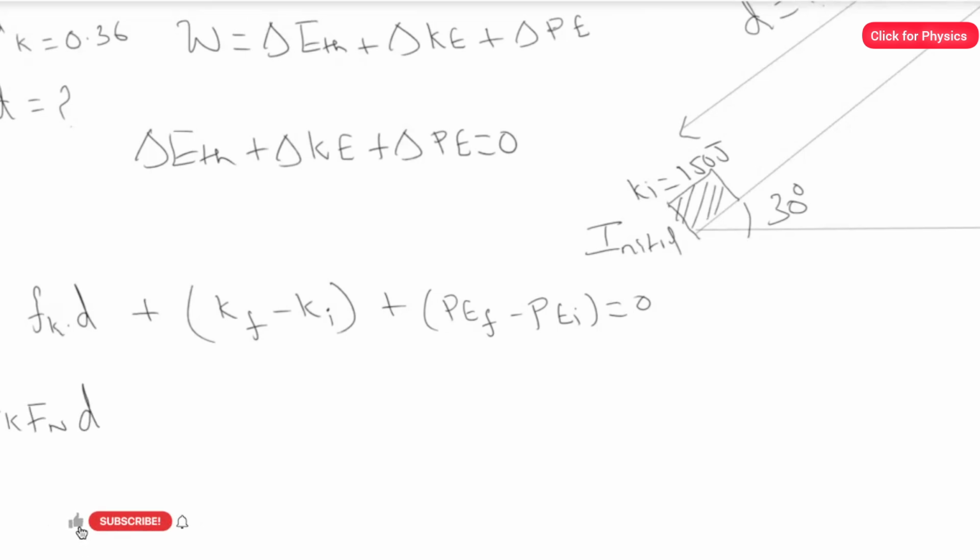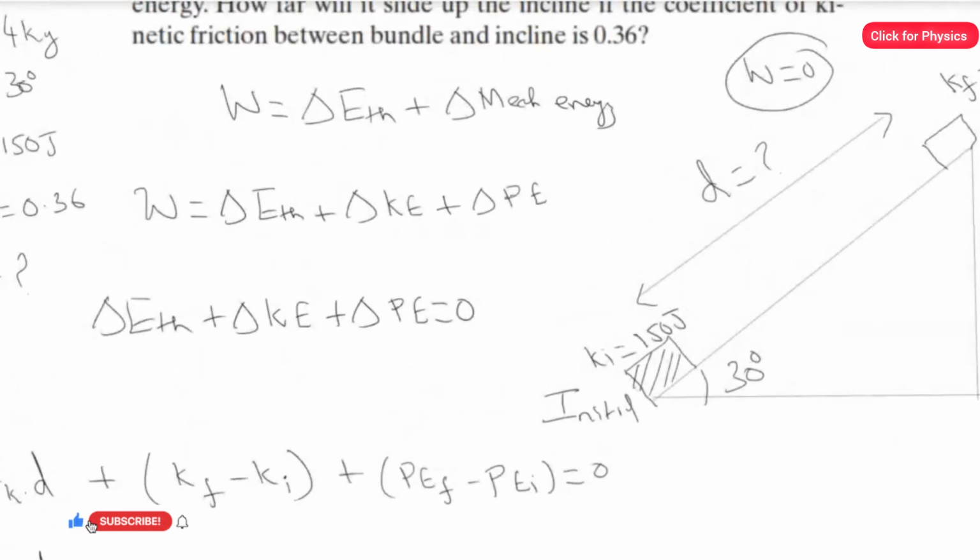And what is Fn? You have to draw the free body diagram. If this is Fn, this will be the force due to gravity mg. This is mg cosine theta, and this will be mg sine theta. So your Fn is equal to mg cosine theta.